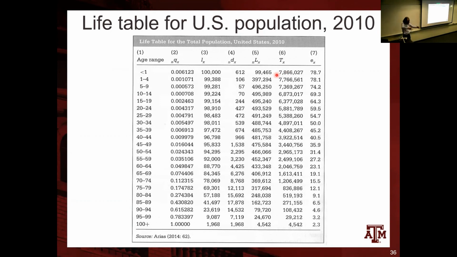The overall number of years that this population will live if they were exposed to these probabilities of dying. To get the average, I divide that 7.8 million by what? By the radix of the life table, by the number of people who were born, that started. 7.8 million divided by 100,000, 78.7. Simple, easy breezy.